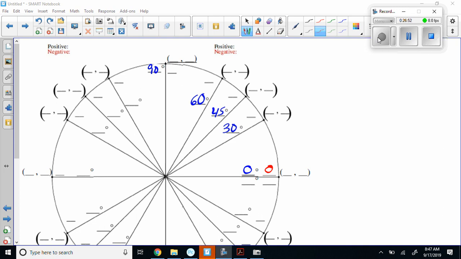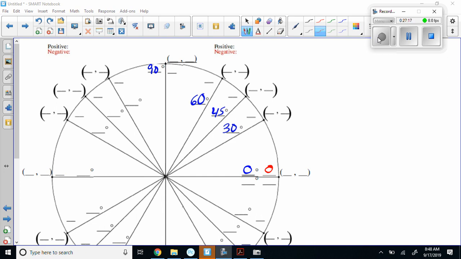Pi over 6. Why not pi over 3? I said, if it's a 30, then the denominator has to be a 6. If it's a 60, the denominator needs to be a 3, right? They're swapped. Y'all remember that?